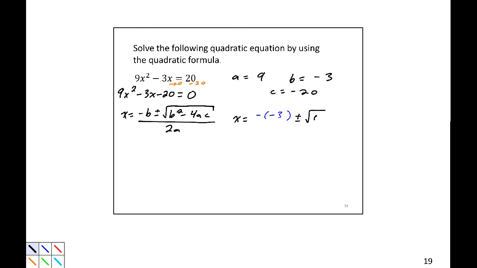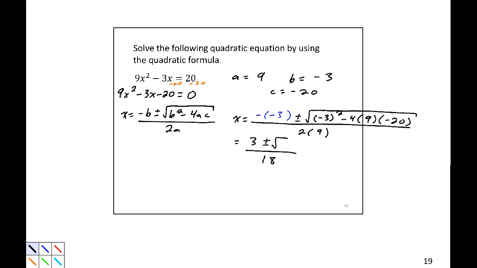All right, then we've got negative 3 squared minus 4 times 9 times negative 20, all divided by 2 times 9, which is our a. So we have 3 plus or minus the square root of something divided by 18.